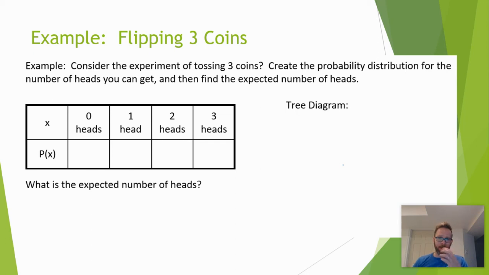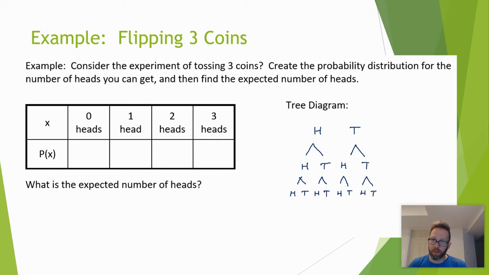But let's consider tossing 3 coins. We actually have analyzed this before. To find the probability of getting no heads, or 1 or 2 or 3, we made a tree diagram in the past. And it's not such a crazy big tree diagram that we can't just remake it again. And you can see that at the end, you've got 8 branches, 8 different possible outcomes, like heads, heads, tails, heads, tails.